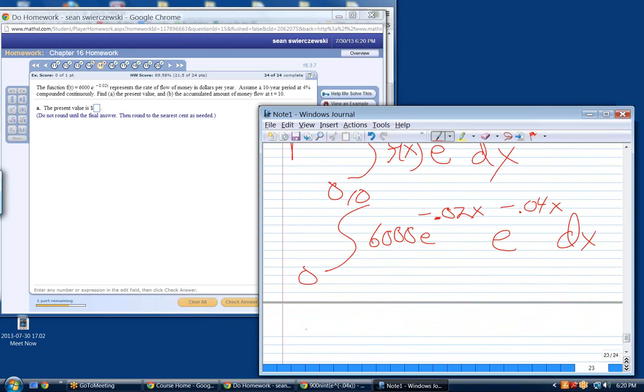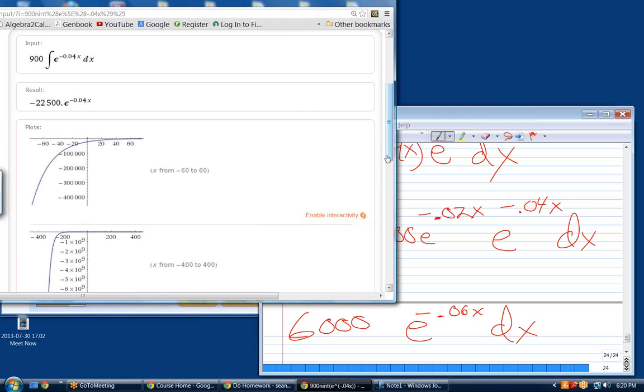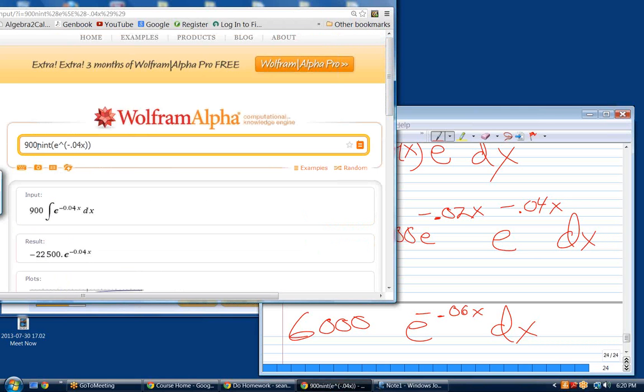Okay, so that's 6,000 times e to the minus 0.06x dx, evaluated from 0 to 10.